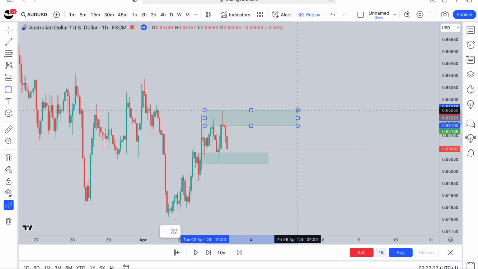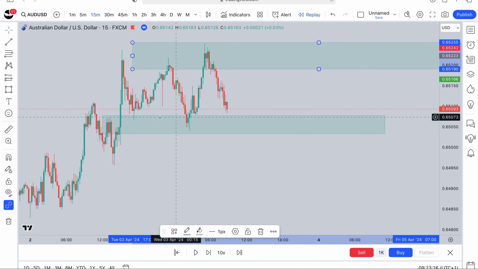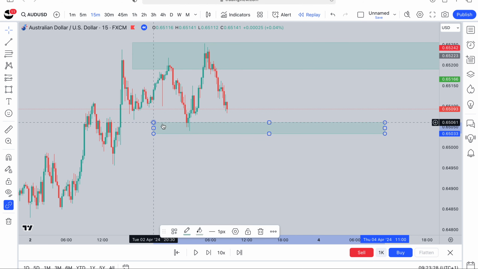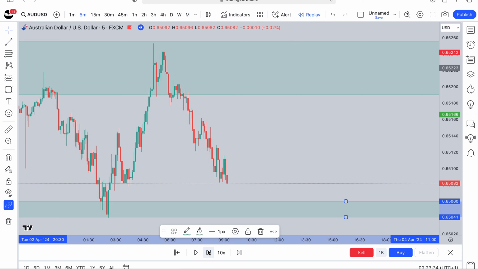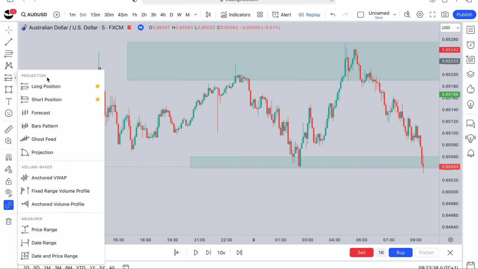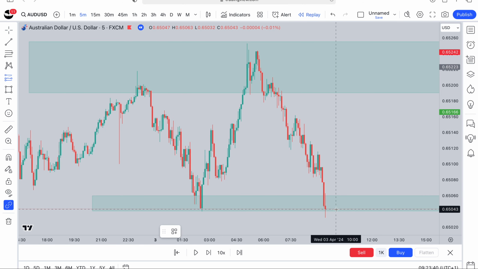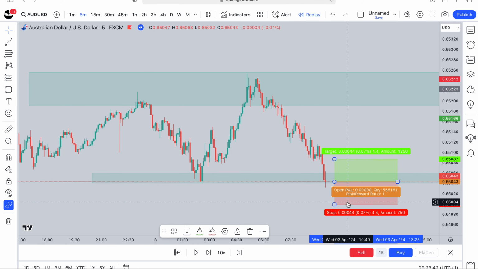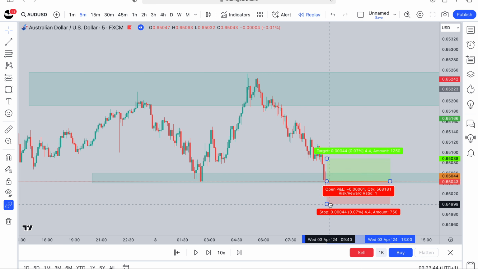We go to the 15-minute time frame, we adjust a little bit, and what are we doing? We're waiting for price to enter. On the 5-minute, wait for some kind of rejection, which was down by here. You can see we got that rejection wick by there. So I will put my stop loss a bit below the wick.